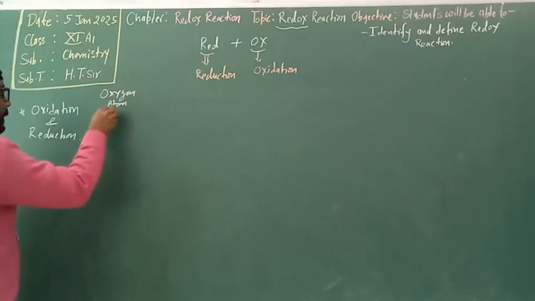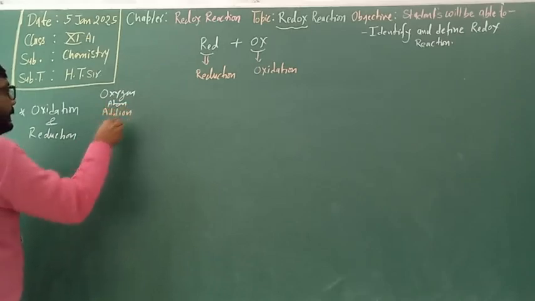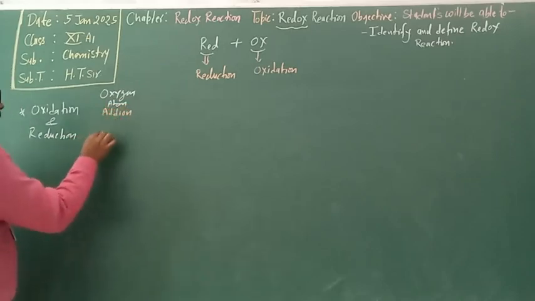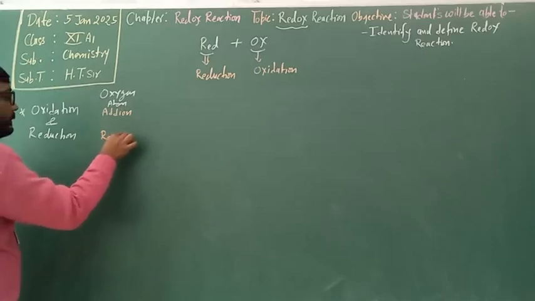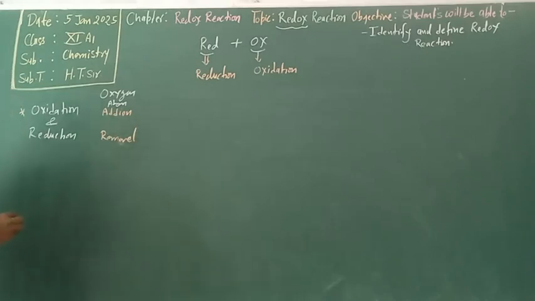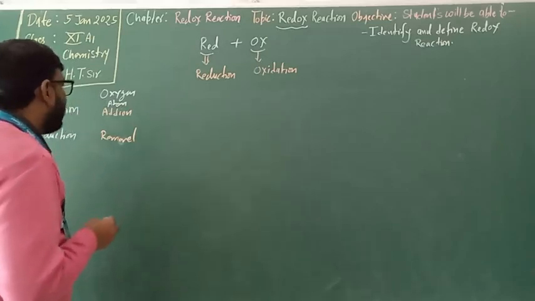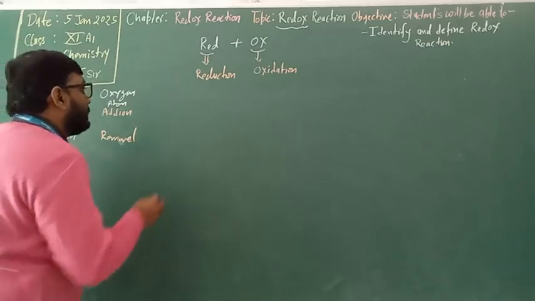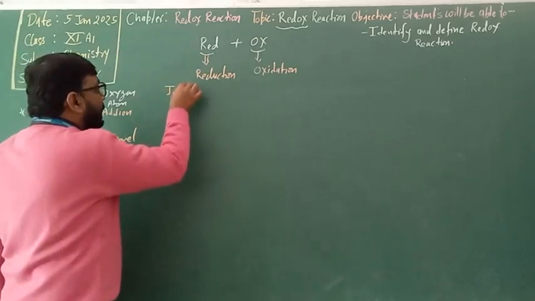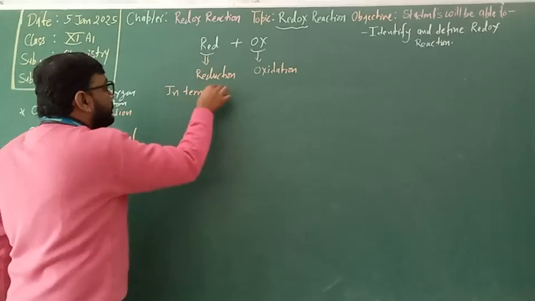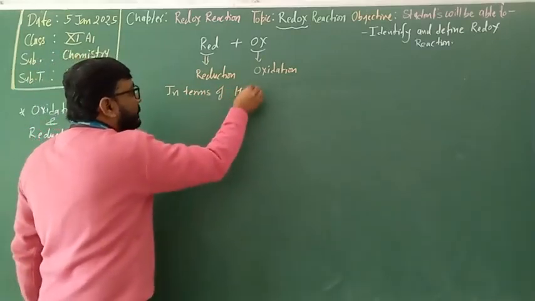Addition of oxygen we call oxidation, and removal or loss we call reduction. Another parameter of redox reactions, or oxidation and reduction, is in terms of the hydrogen atom.